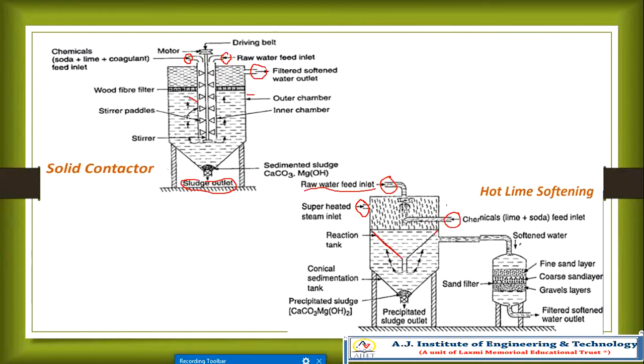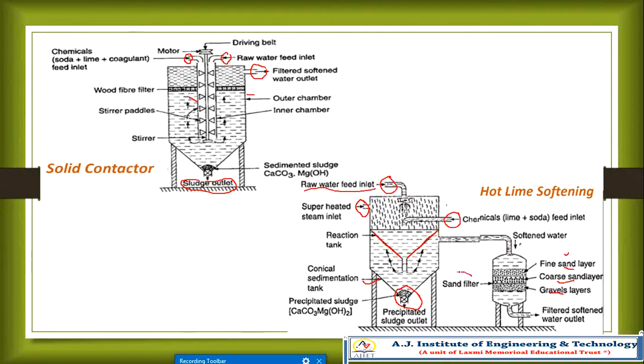Then a conical sedimentation tank is provided, where the sludge precipitate, CaCO3 and Mg(OH)2, will be there. The precipitated sludge outlet is here. After that, the softened water is passed through a layer of fine sand and coarse sand and gravel, as you studied in the rapid sand filter or pressure sand filter.